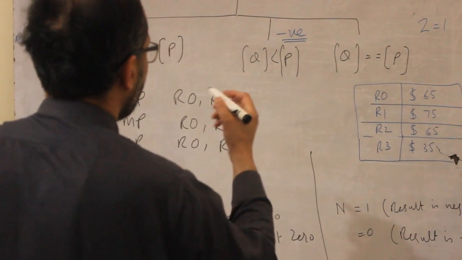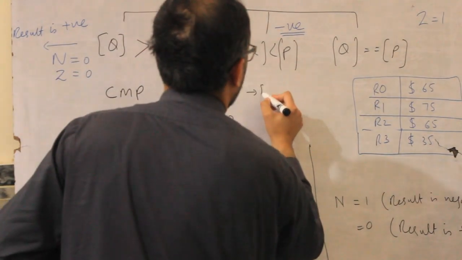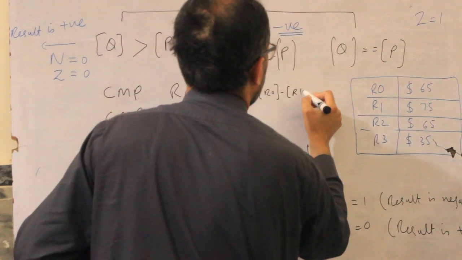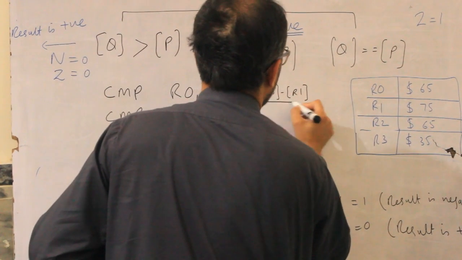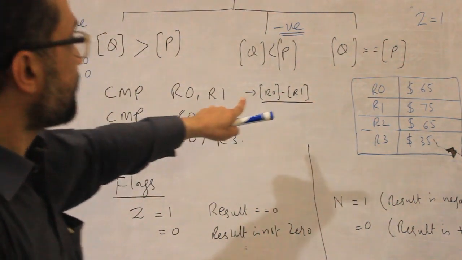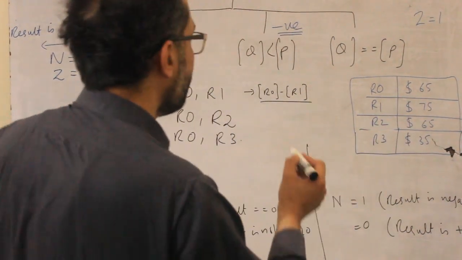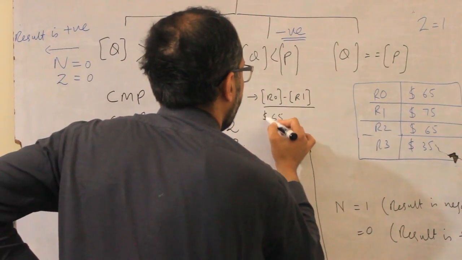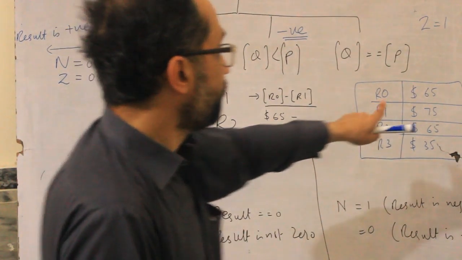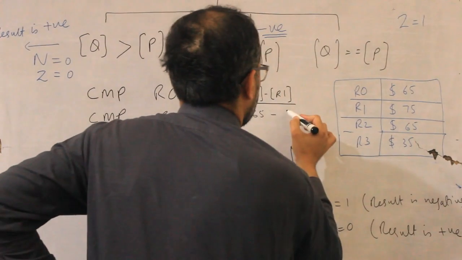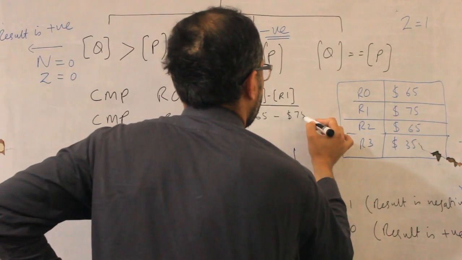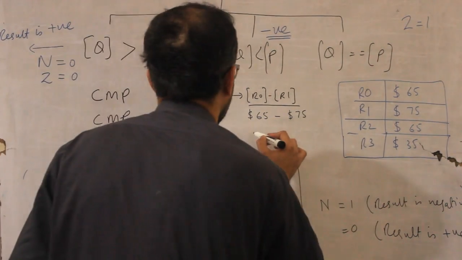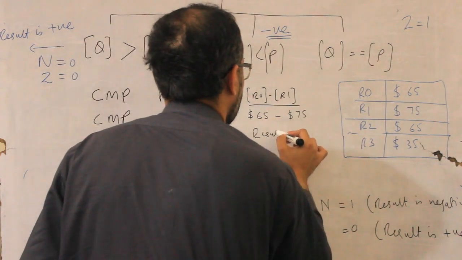In this case it will compute R0 minus R1. The contents of R0 is 65 minus the contents of R1, 75.